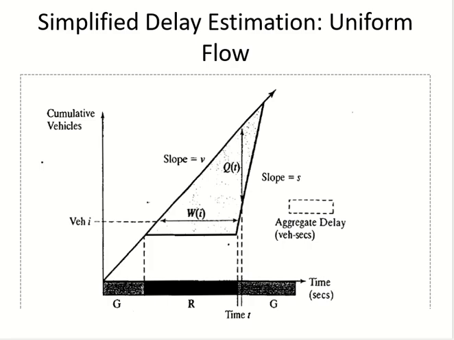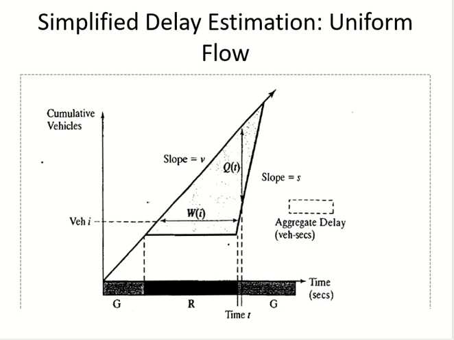Signal is red. Will the car stop coming? No. They are still coming, but the leaving one becomes flat, and it will start again when the signal becomes green again. Clear or not? Any questions?